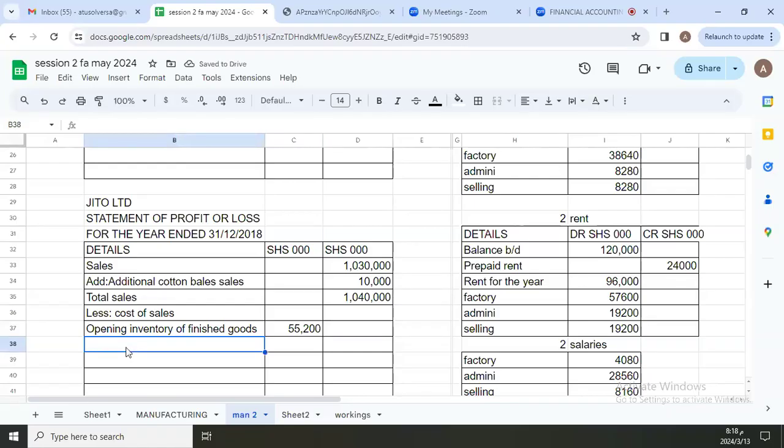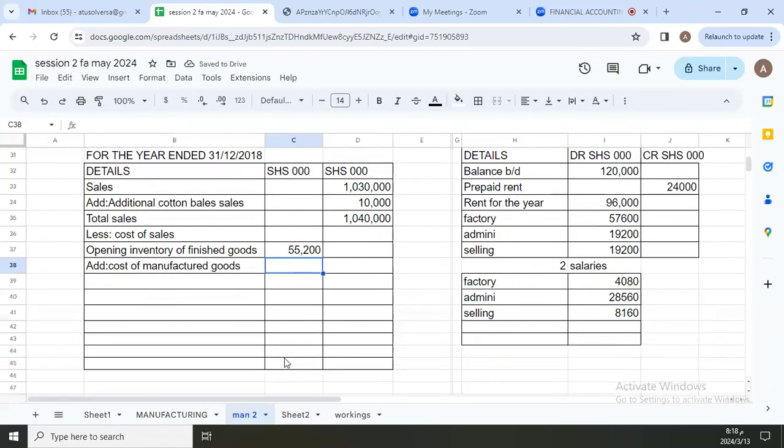I add. What do we add? People, what do we add? Add purchases. We add purchases, but under the manufacturing account, what we add is cost of manufactured goods. This means that in case you failed up, when you put the wrong amount here, it will be wrong, which will affect our profit.